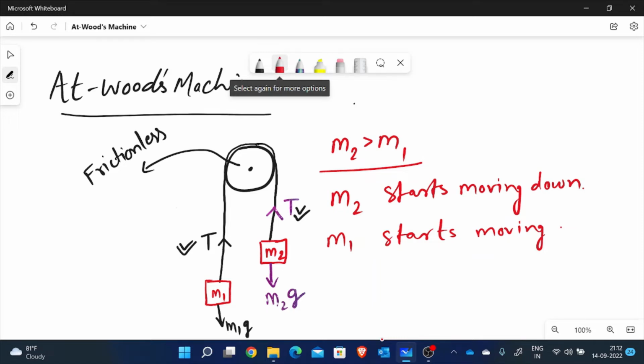The acceleration of the two masses we can take as A because the two masses are attached with each other. So whatever is the acceleration of M2, the same will be the acceleration of M1 and vice versa.